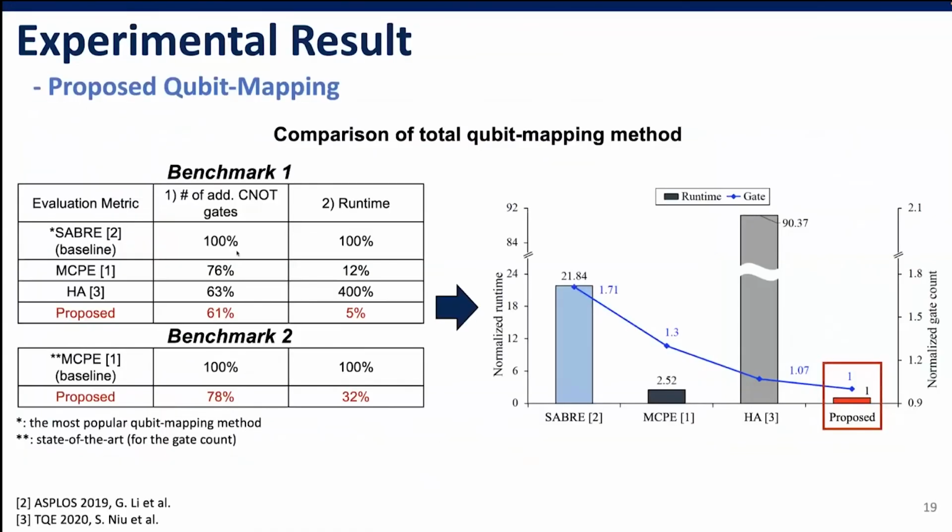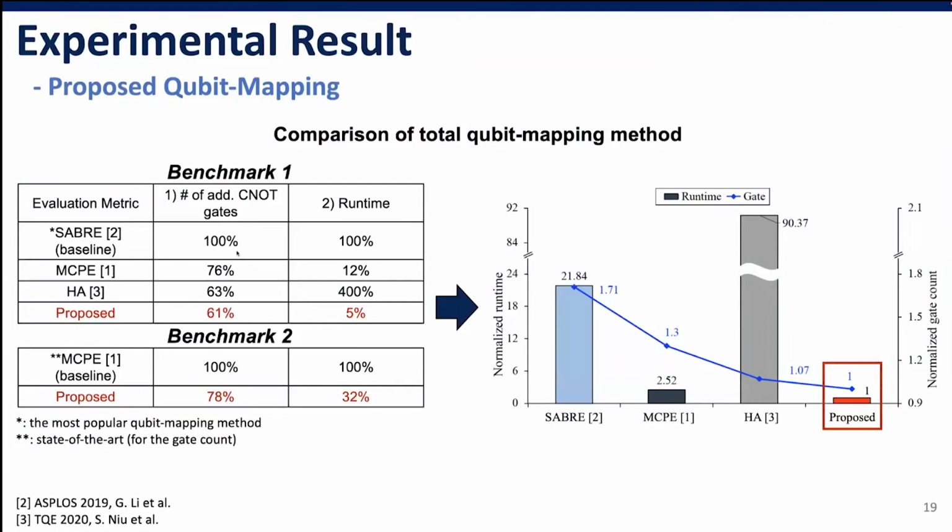We first compare the overall performance of our qubit mapping. The two tables on the left describe the comparison result, and the figure on the right describes the result normalized to our method.